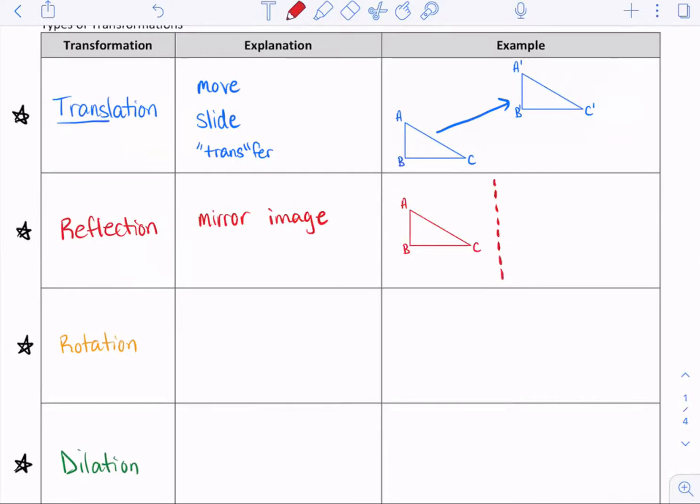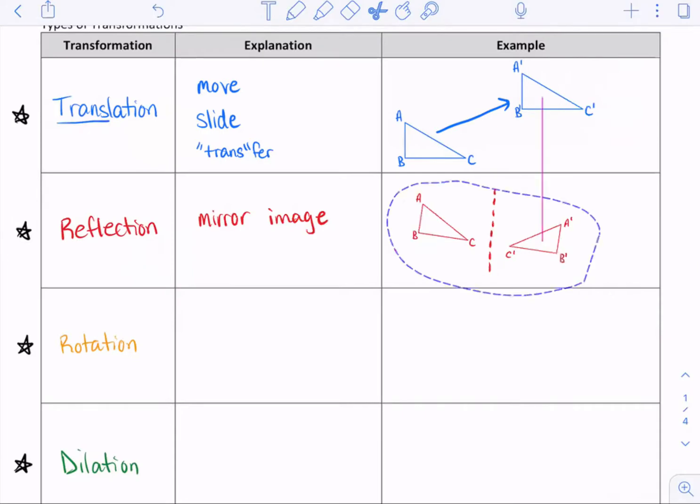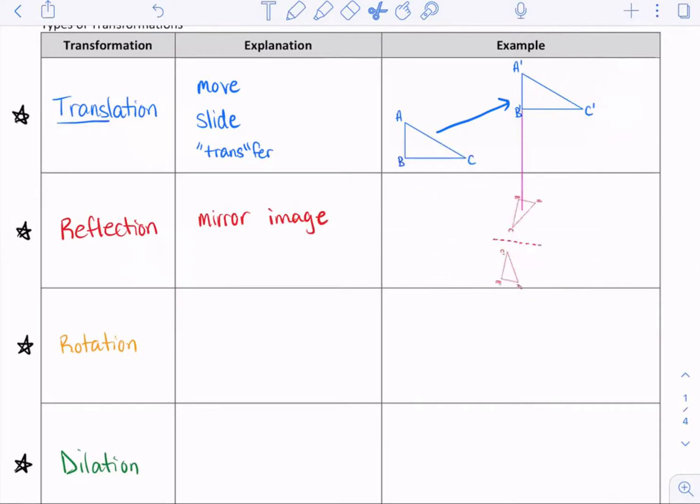So then it would look like this, where this is C prime and B prime and A prime. That's a mirror image. So that's what it means to reflect. Now, it doesn't only have to reflect left and right. It can reflect any way. So notice how I can move this and it'll always be a mirror image.